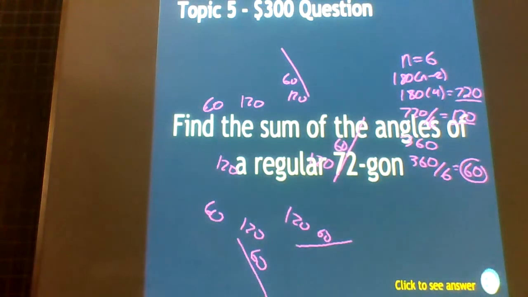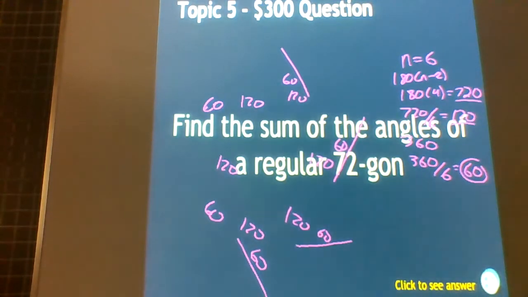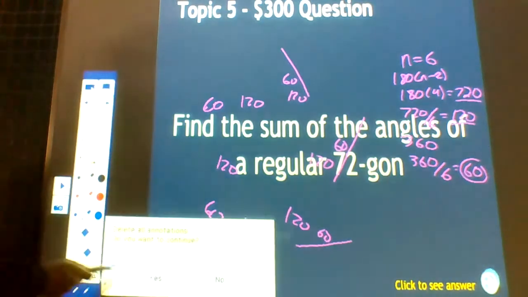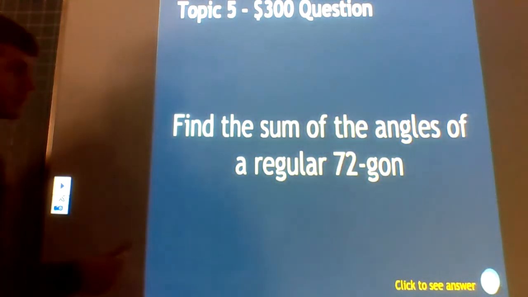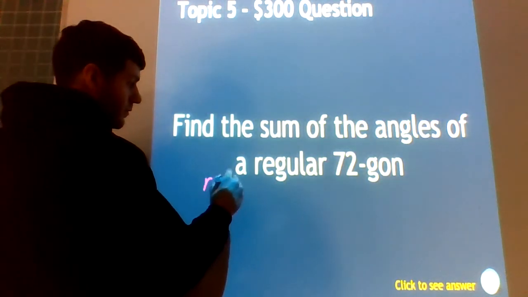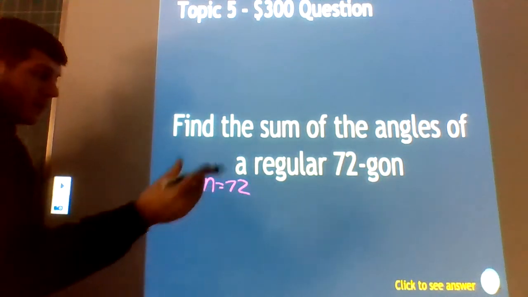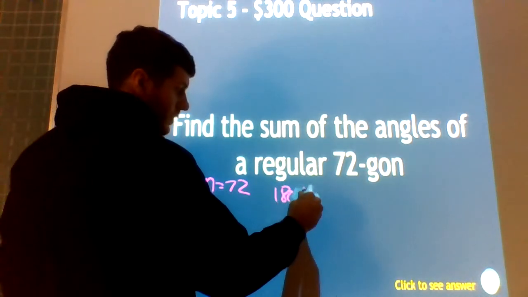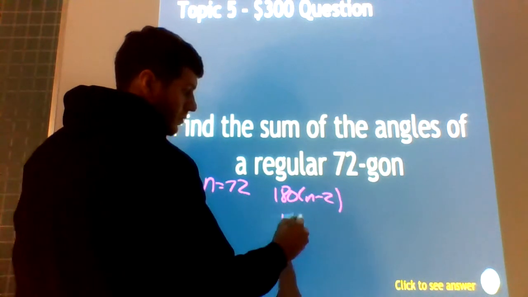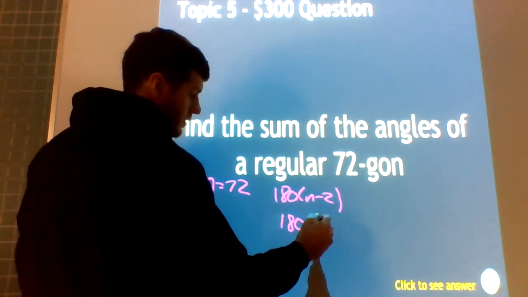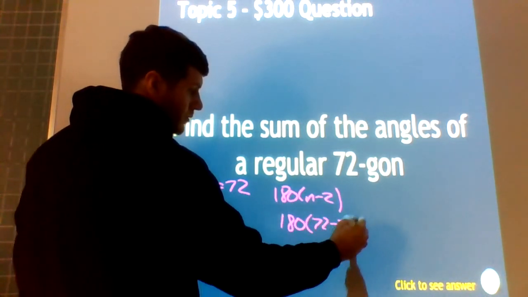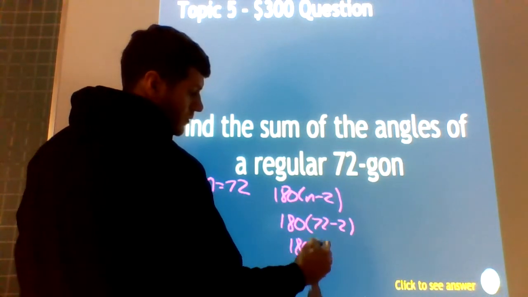Okay, find the sum of the angles of a regular 72-gon. So n is going to be 72. To find the sum of the angles, we just use our formula, 180 times n minus 2. So 180 times 72 minus 2. Okay, it's just 180 times 70.